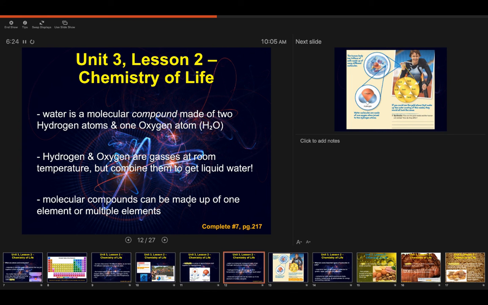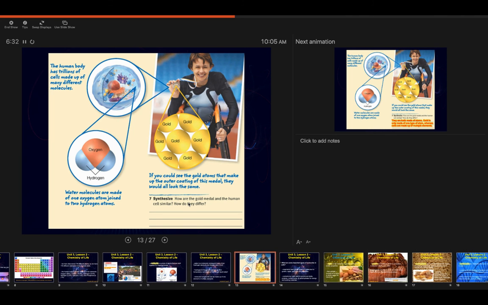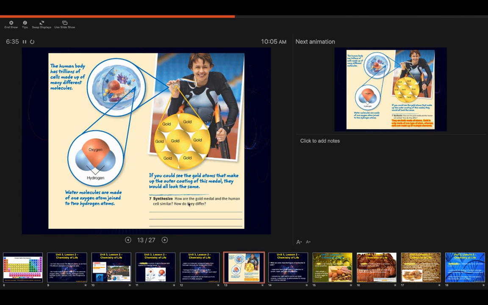These molecular compounds, compounds of molecules, can be made up of one element or multiple elements. If we look at this picture here, as we talked last week, the human body has trillions of cells made up of many different molecules.